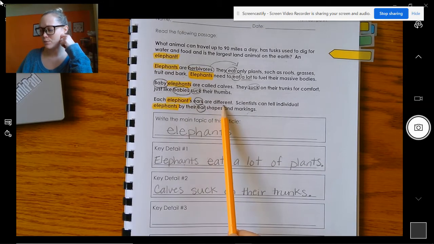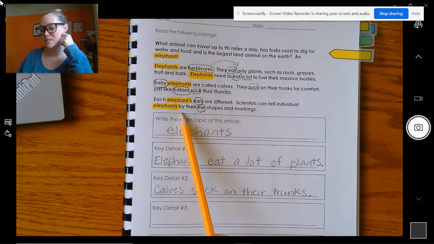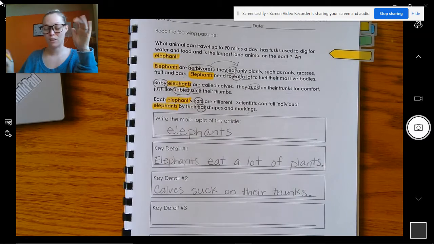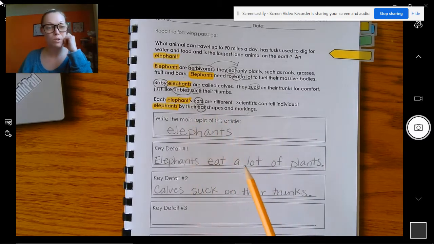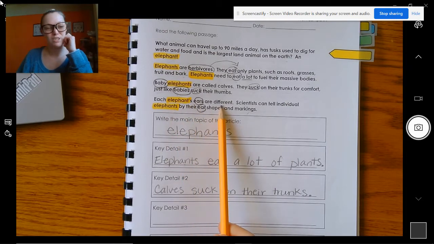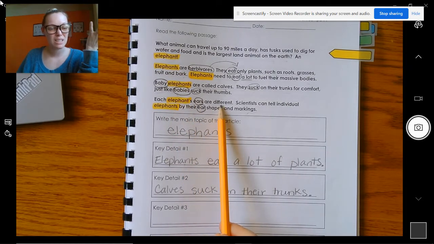So we know that they're different, and we know that because they're different, scientists can tell between different elephants who they are by their shapes and markings of their ears. So I would say we could just say elephants' ears are different. That's the important key detail, right?